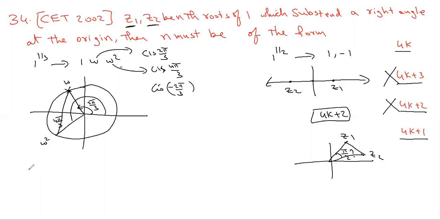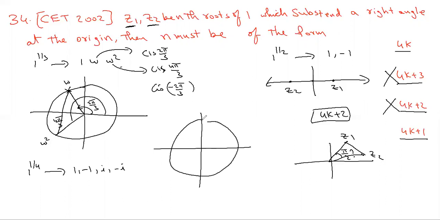Next, let us go for the fourth roots of unity, which are 1, minus 1, i and minus i. On the unit circle, you have i here, minus i here, minus 1 here, and 1 here. You can take any two, Z1, Z2.